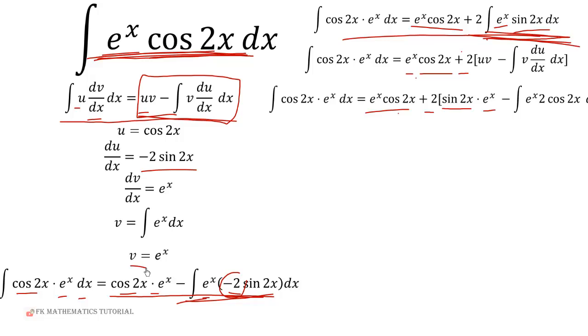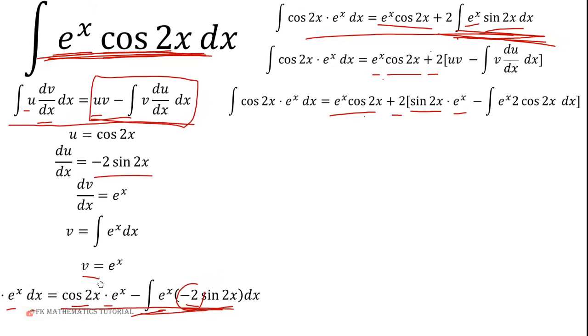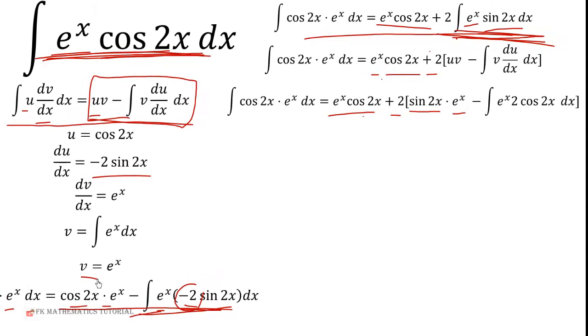But this time when we differentiate sine 2x, we get 2 cos 2x. So that is what we get here. When we let u equal sine 2x and we differentiate, we find du/dx will be 2 cos 2x.